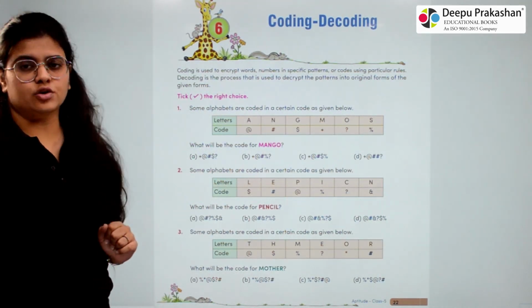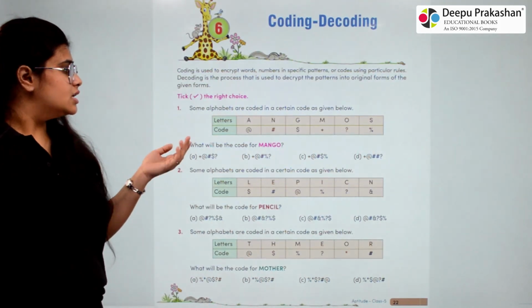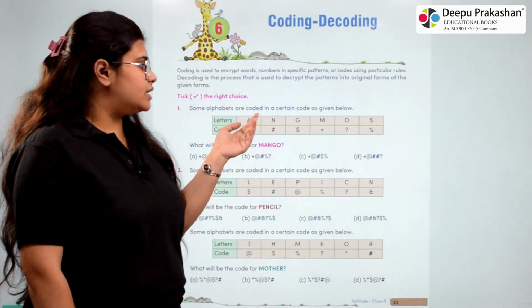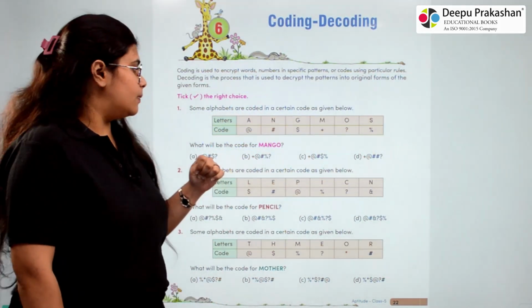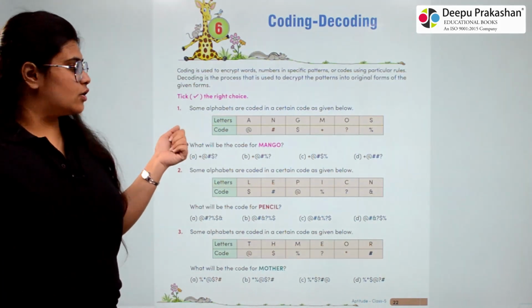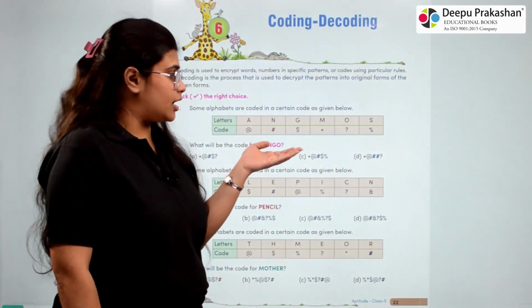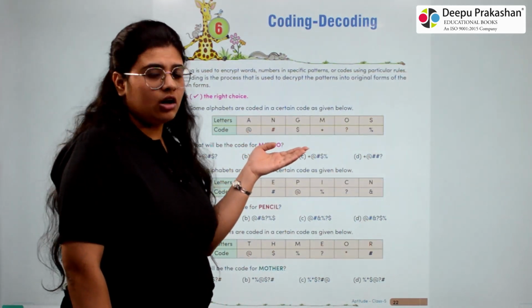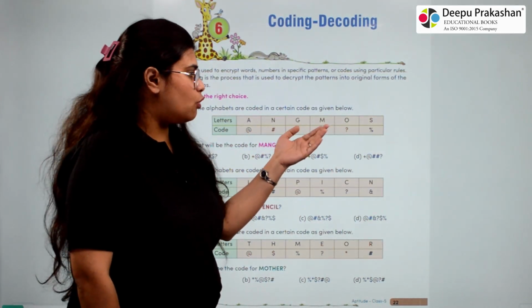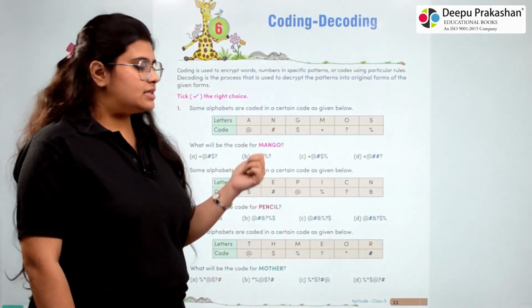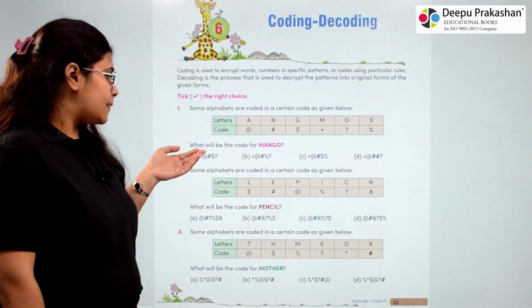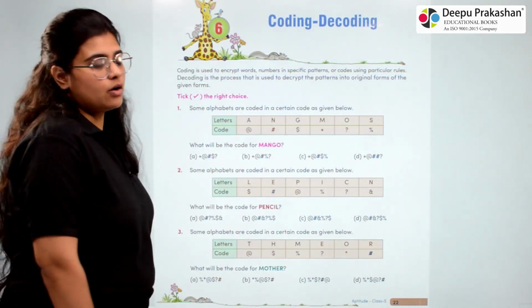Take the right choice. 1. Some alphabets are coded in a certain code as given below. Letters and code: A as @, N as hashtag, G as $, M as plus, O as question mark, and S as %. What will be the code for mango?